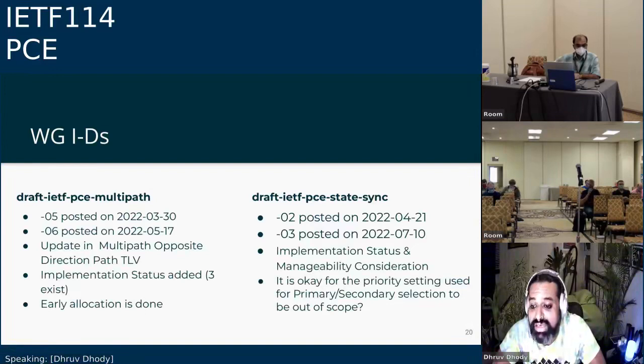So we want to get feedback from the working group whether it is acceptable that yes, let that be outside. This could be done via configuration or Yang. And of course, in future, it can also be done by capability advertisement, etc. But it's okay to be out of scope of the current document. So we want to hear inputs from folks, especially on that point.